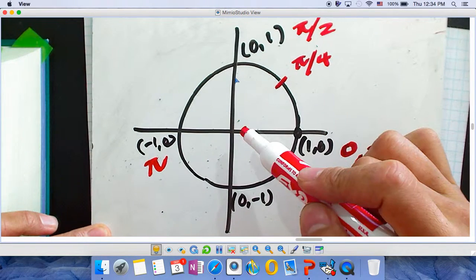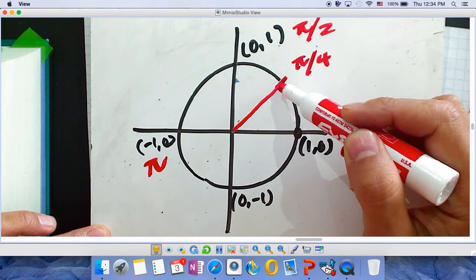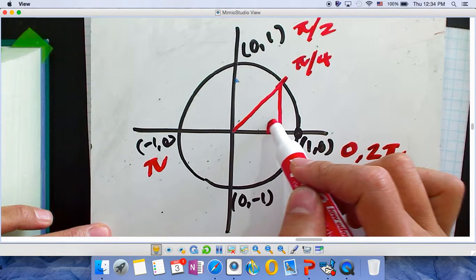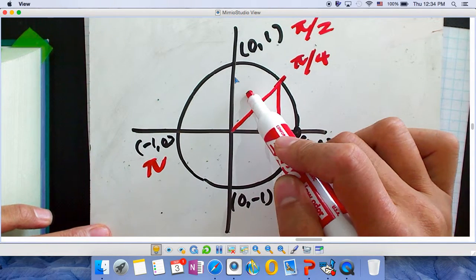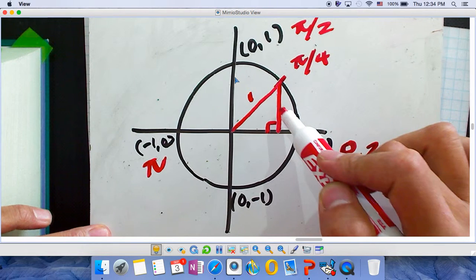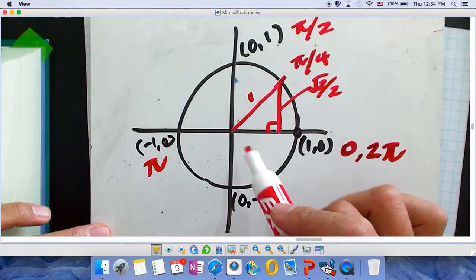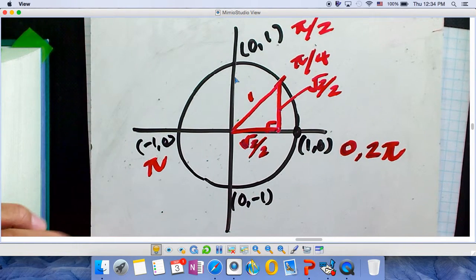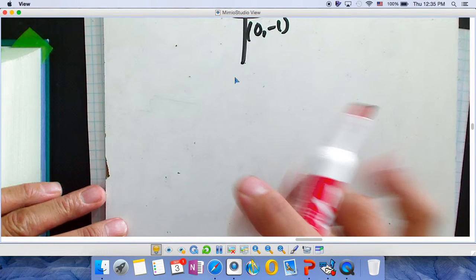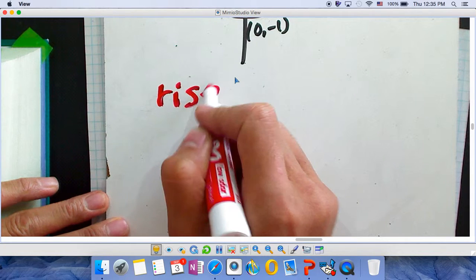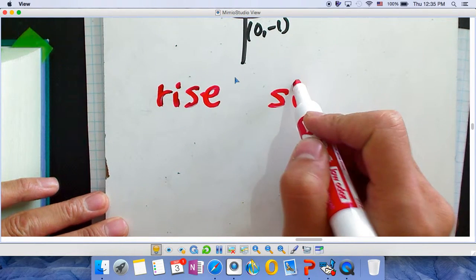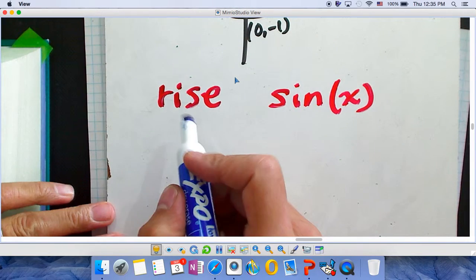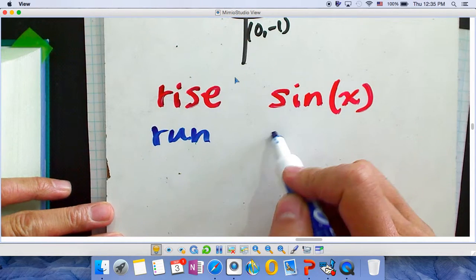When you get there, we can draw one of the triangles we know, which is half of a square, 45, 45, 90 degrees. We just went through that: the radius is 1, the rise is square root of 2 over 2, and the run is square root of 2 over 2 as well. The rise we call sine of x in the unit circle, and the run is cosine of x in the unit circle.